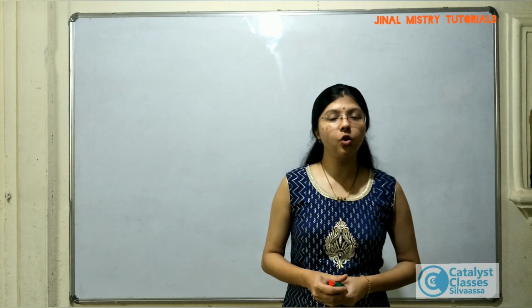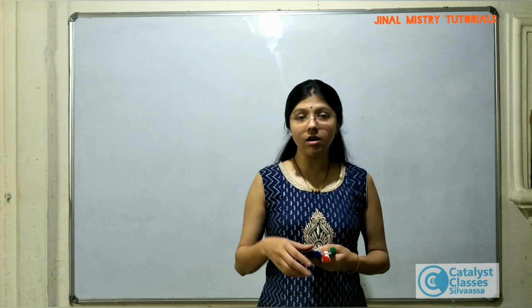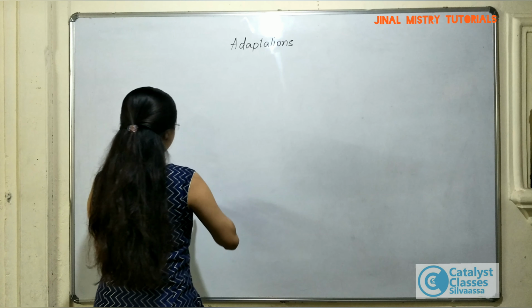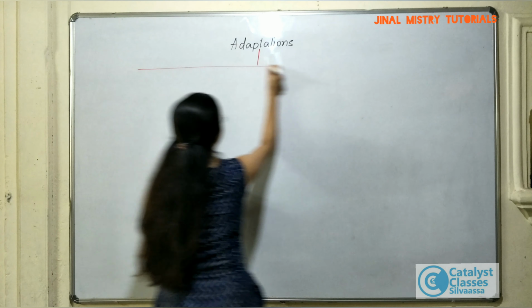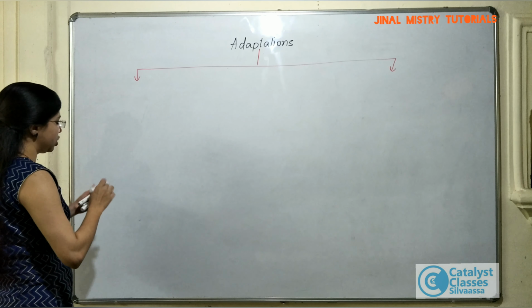In the last video we have studied about the kinds of pollination that take place. Now we will be studying about the adaptations for pollination. Adaptations for pollination will be favoring both self-pollination as well as cross-pollination.